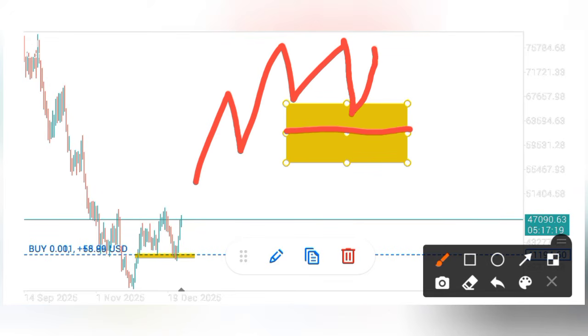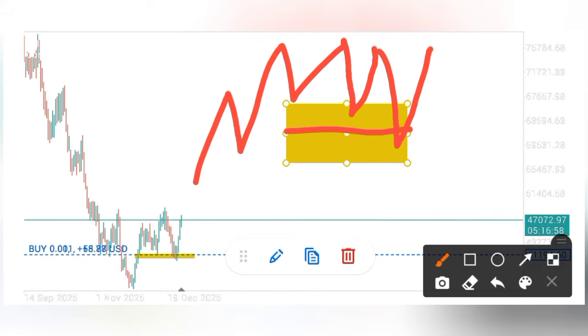I won't take a trade at that zone. I want a situation where price comes and taps into the lower part. Can you see that? The lower part of my rectangle, of my zone.